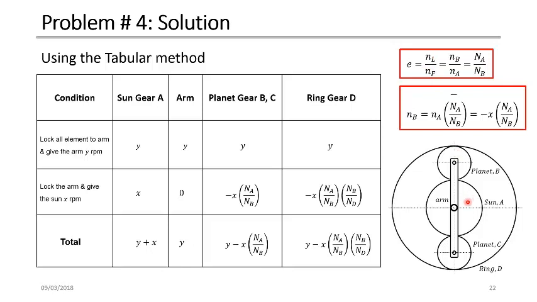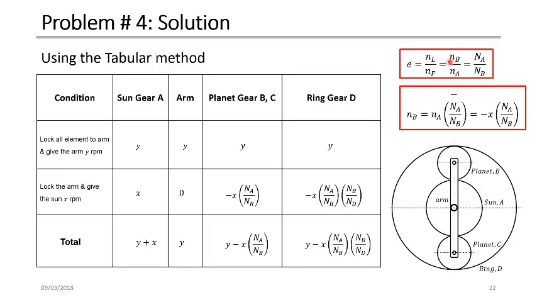Sun gear A is engaged with planet gear B, so the sun gear is the first gear, and the planet gear is the last gear. So N last is NP, divided by N first, which is NA.